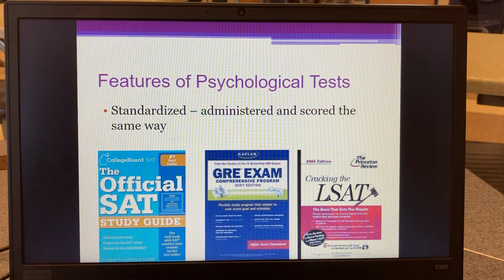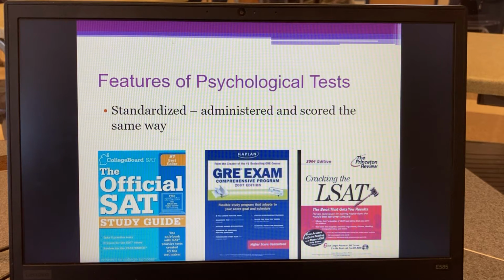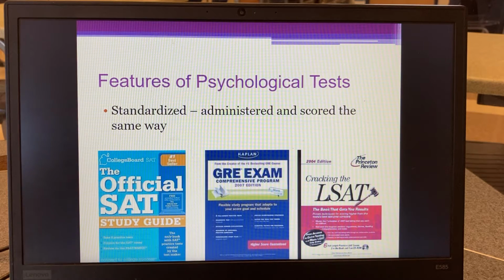So within psychological tests, there is a standardization. Every person is going to be administered the test in the same way. It's going to be scored in the same way. And that was a really big issue about 50, 60 years ago, because a lot of these started based on one group of people.